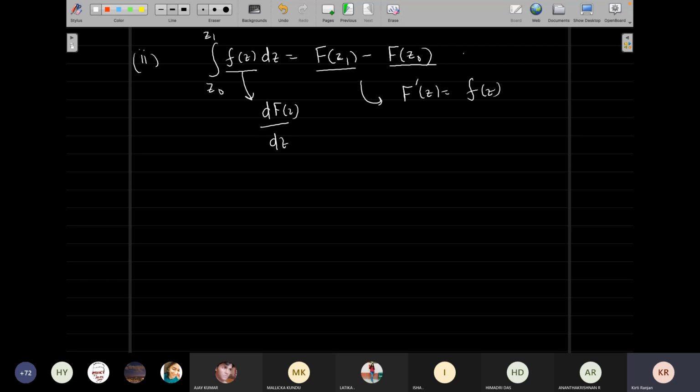We call this F by an interesting name: the antiderivative. It relates integration and differentiation, and this is how the whole calculus started coming up.